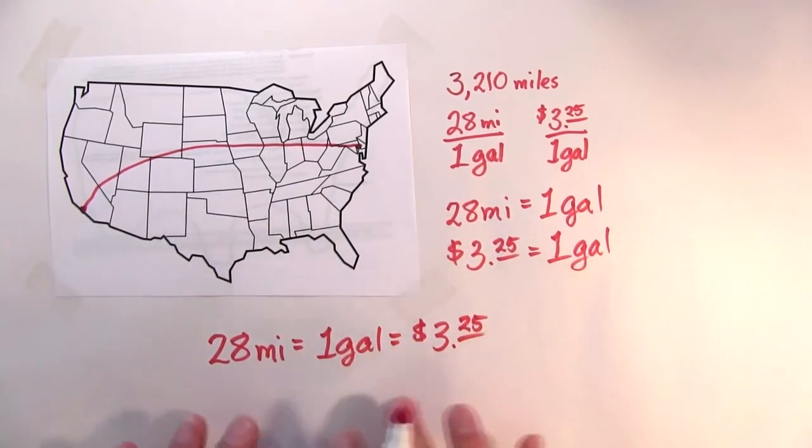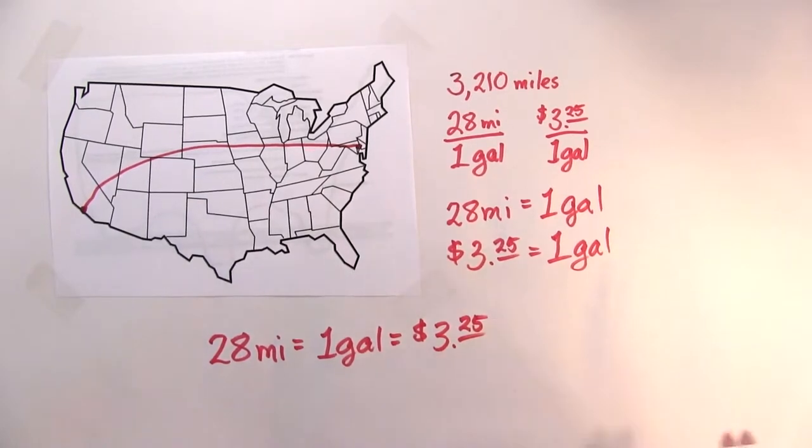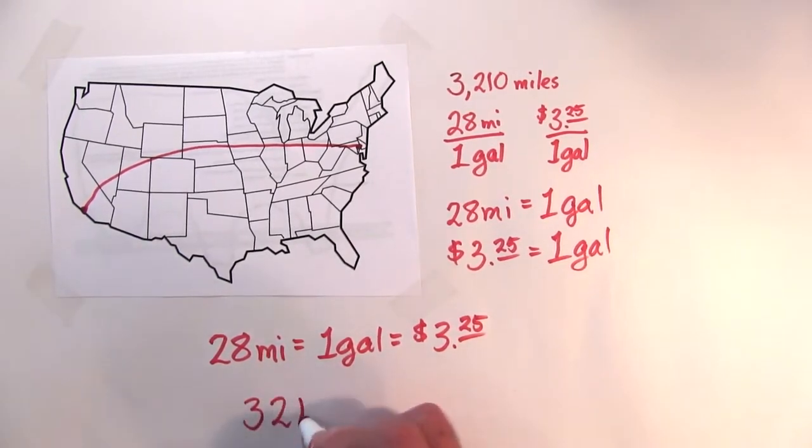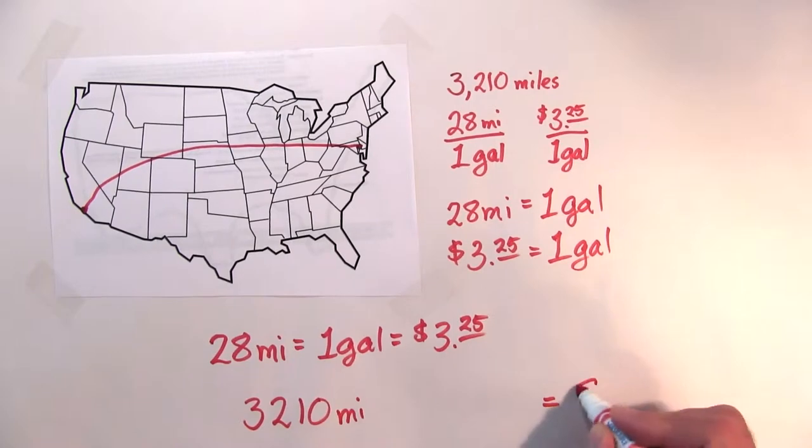All of these things, even though they have different units, are equal to each other. So now the question is, how much is it going to cost me to go 3,210 miles? And I want to change that into dollars. How many dollars will that be?